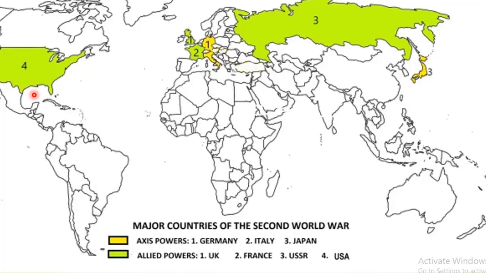So during Second World War, Axis powers fought against Allied powers. Obviously at the end of Second World War, Allied powers were victorious. Germany was defeated, Hitler's Nazi Germany was defeated, he shot himself dead. All those things you know already.